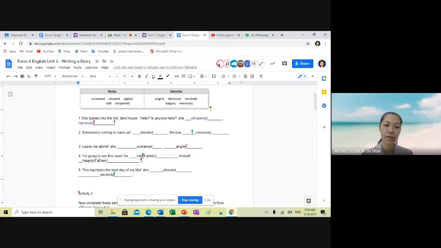The adverb, other than happily, there is another one. Excitedly. Yes, correct. One more. You say, "I am going to win this race." Decisively. Yes, you have made a decision. You are very determined that you are going to win.